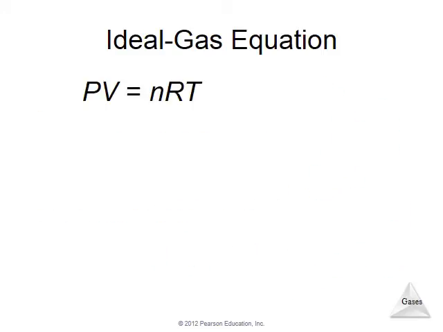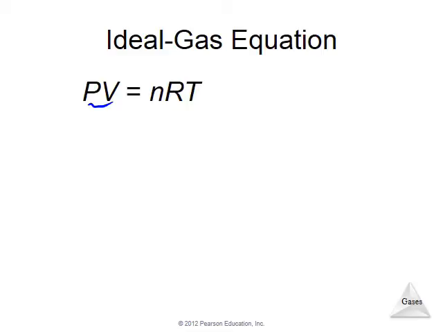For an ideal gas, we already mentioned that you get PV equals nRT, where n is number of moles of the gas, R is a constant, which is 0.0821 liter atmosphere per degree Kelvin per mole. Now, this expression can be used if one pressure is given, say one volume is given, and you need to calculate temperature.